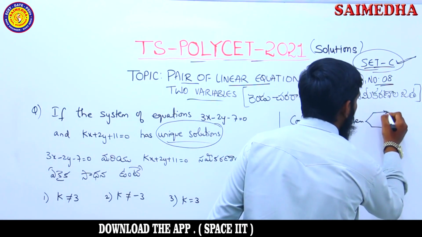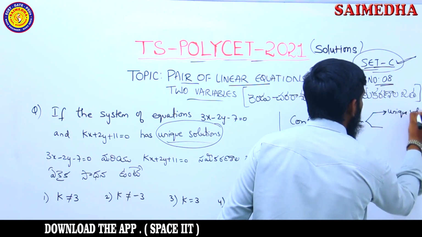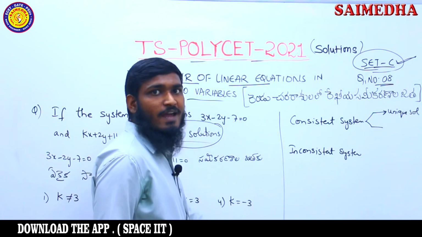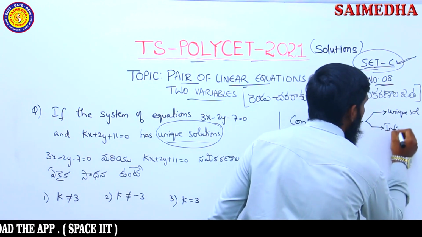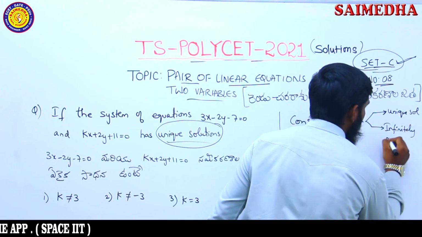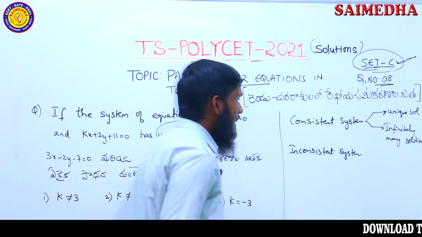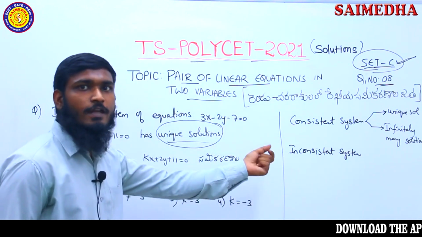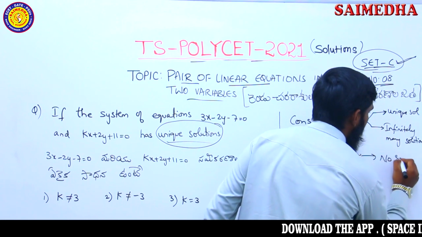The first case is that it will have a unique solution, and the second case is that it will have infinitely many solutions. And in the inconsistent systems there will be only one case, which is that it will have no solutions.